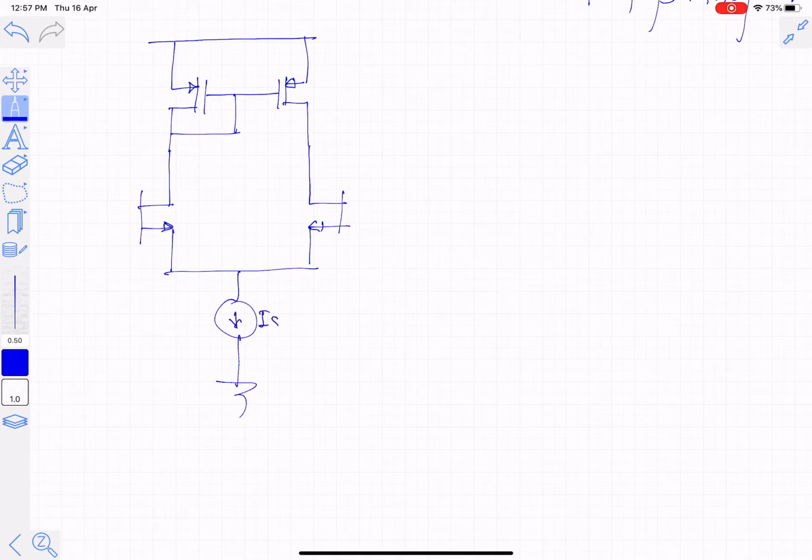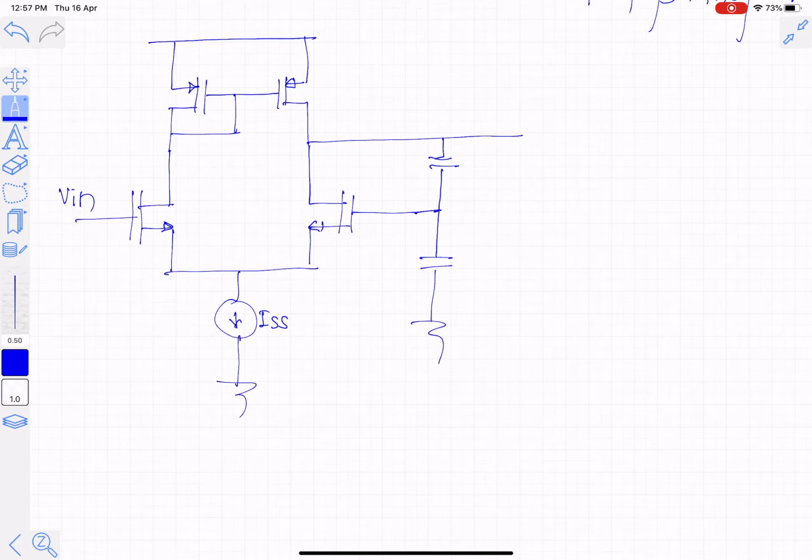This is ISS. Input is applied here, output is taken from this point, and the feedback network consists of two capacitors C1 and C2 connected in series, and the output voltage across C2 is connected as an input to the MOSFET M2.